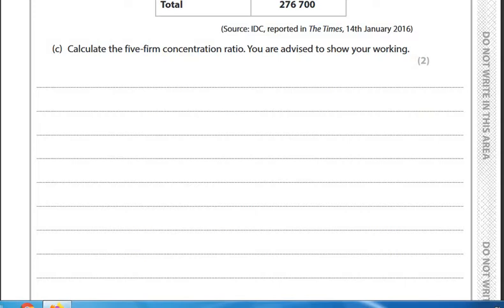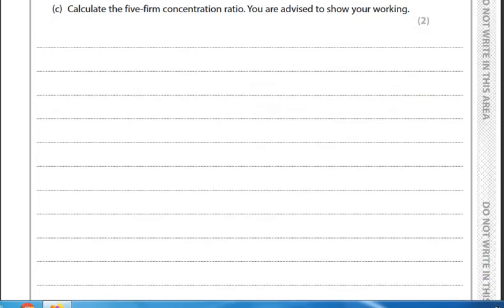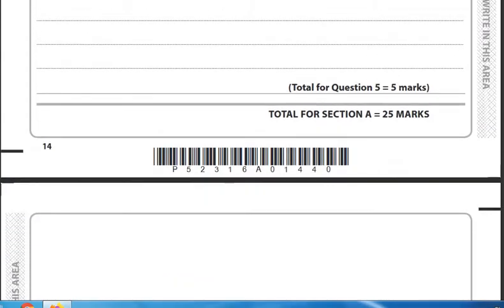There's only 2 marks for this question. So that's Section A dealt with. They say spend no more than half an hour on this. I would say try and spend no more than 25 minutes on it.